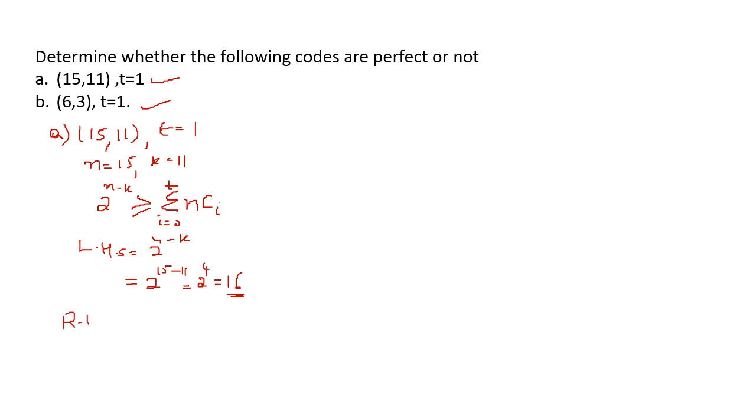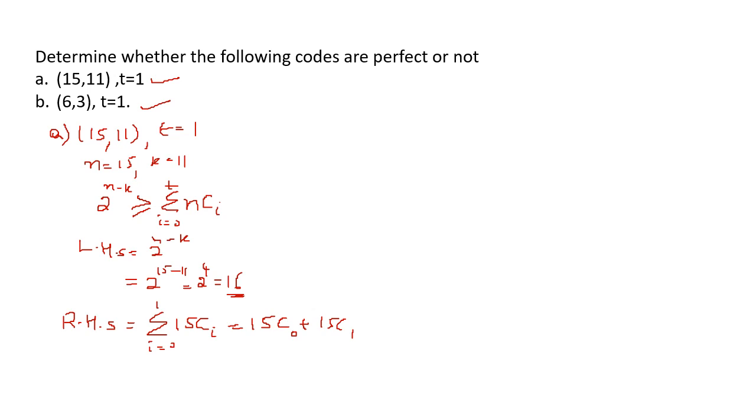Next we'll see the right hand side of the equation. The right hand side is summation i = 0 to t, and t is equal to 1, then n is given as 15, so 15Ci. We'll substitute the values and get 15C0 plus 15C1.